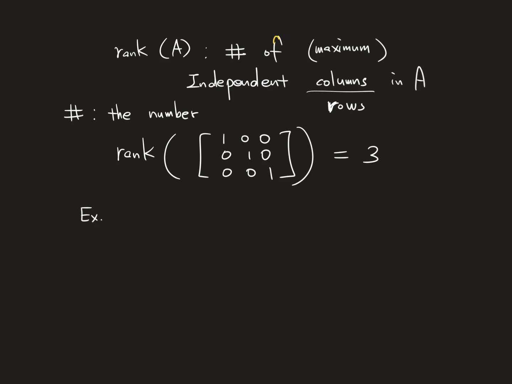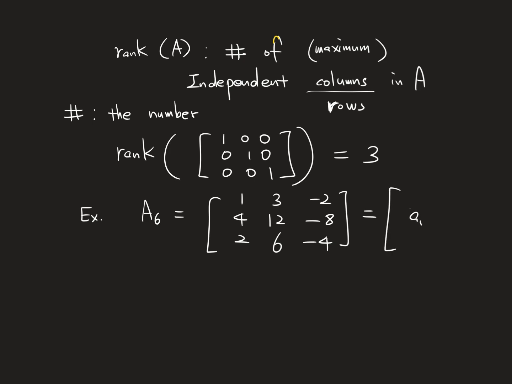Let me show another example. A6 is 1 4 2, 3 12 6, minus 2 minus 8 minus 4, and we have 3 columns, A1, A2, A3. What is the rank?